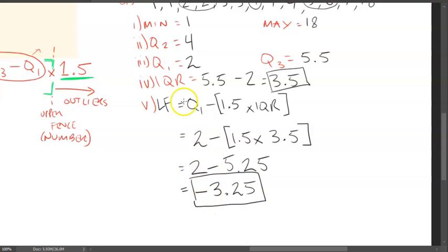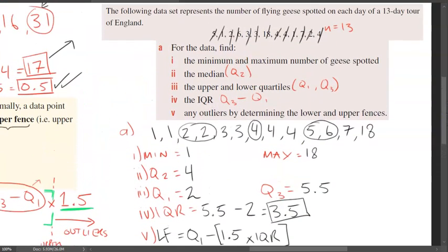What does this lower fence mean? What we've worked out is we've gone from 2 and we've backtracked. We've taken 1.5 lots of the IQR, 3.5, and we just attached it to the side. Where it stops, depending on your perspective, anything lower than that is considered an outlier. Negative 3.25. Is there anything lower than negative 3.25? Well, not really.